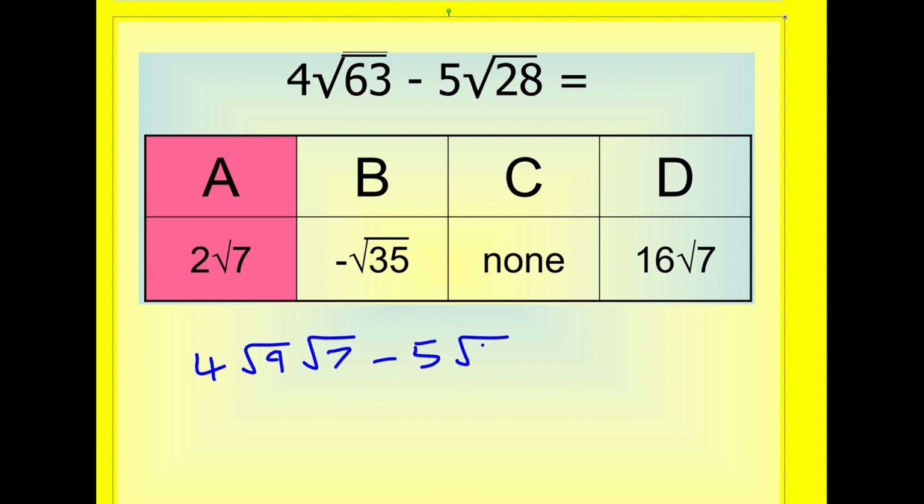It's going to be root 4, root 7. That gives me 4 times 3, which is 12. And 4 times 2. I'm rooting the 4 and I'm rooting the 9 here, which is 10. Root 7. And that's going to lead to 2 root 7.